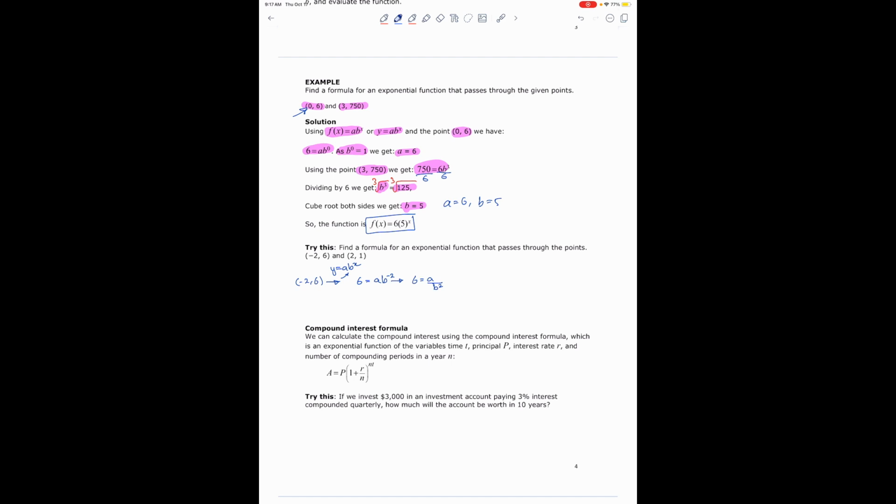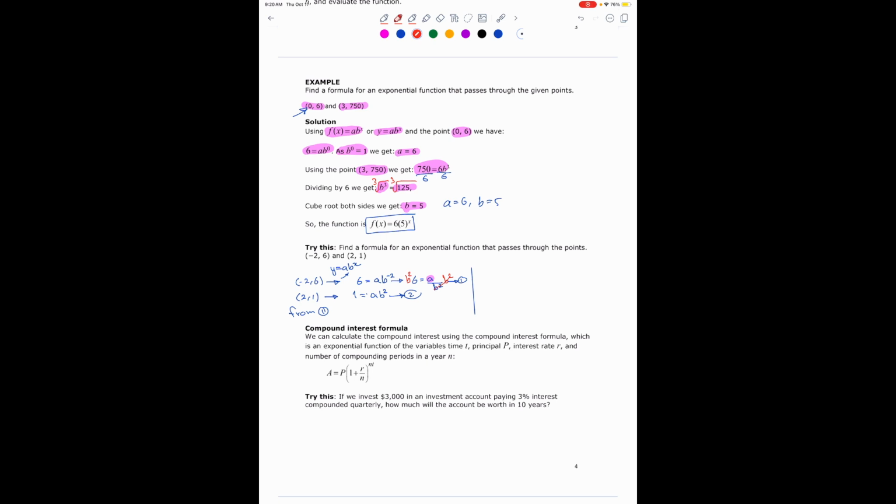If we plug in the second point, (2, 1), we will get 1 equals a times b to the second power. Let's say this is equation number 1 and this is equation number 2. From equation number 1, we can solve for a by multiplying both sides by b squared.